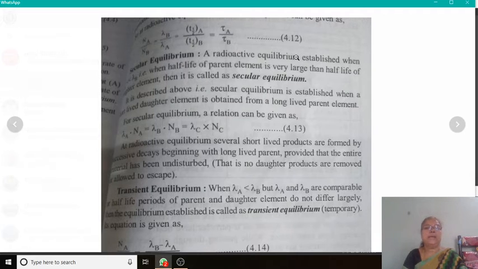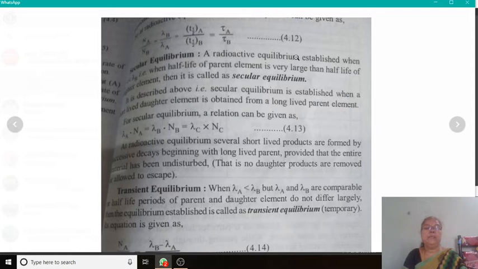As described above, secular equilibrium is established when a short-lived daughter element is obtained from a long-lived parent element. I repeat, secular equilibrium is established when a short-lived daughter element is obtained from a long-lived parent element.